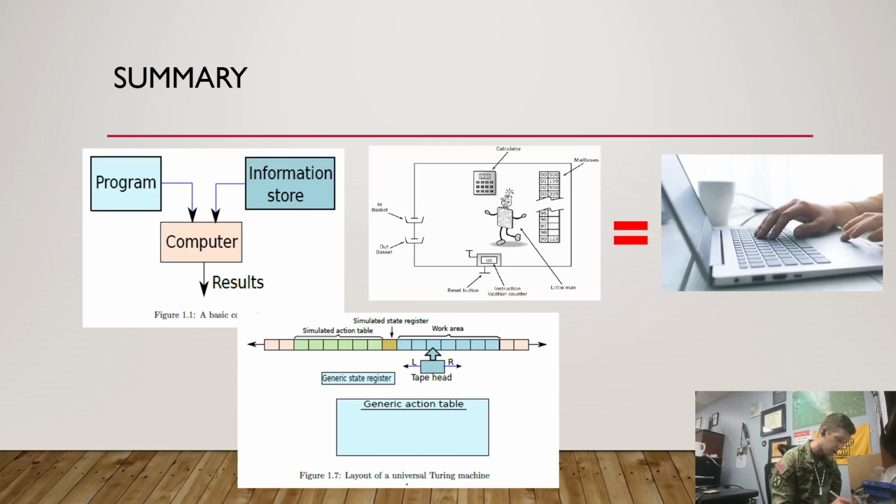well, a computer is anything that looks like a universal Turing machine, which is to say anything that can compute any computable problem. And furthermore, a universal Turing machine is as high as it gets.